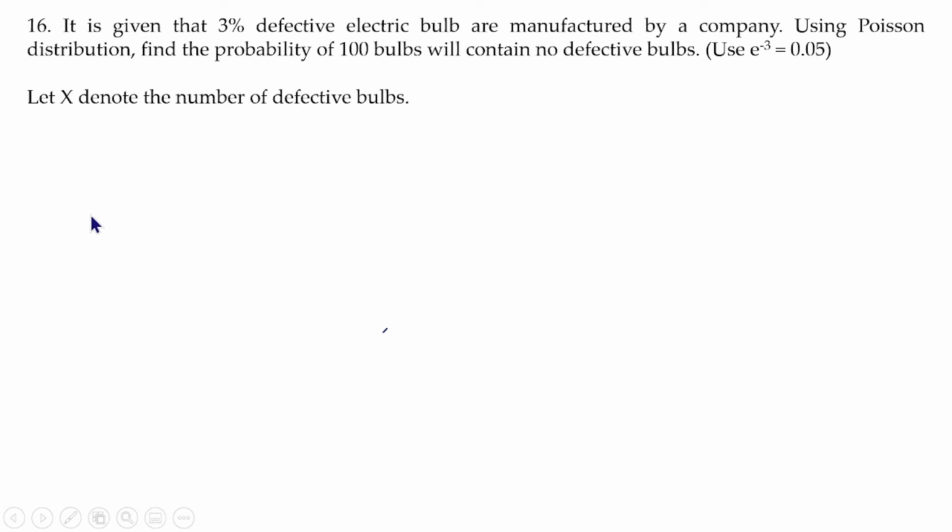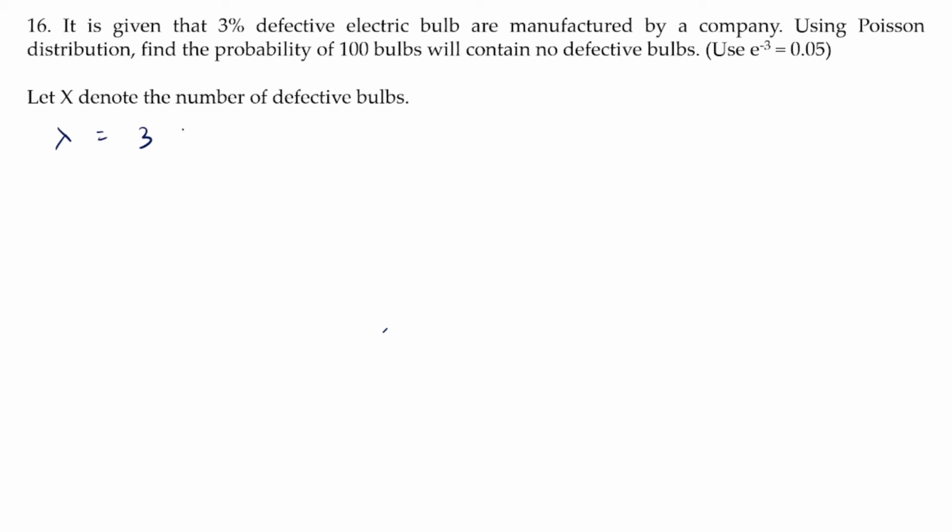So let us take, let x denote the number of defective bulbs. And here it is given lambda is equal to 3. Since it is given 3% defective electric bulbs, the mean is that in every 100 electric bulbs there will be 3 defective.